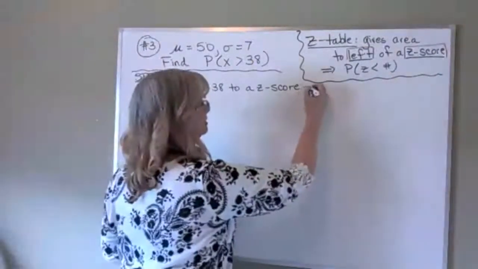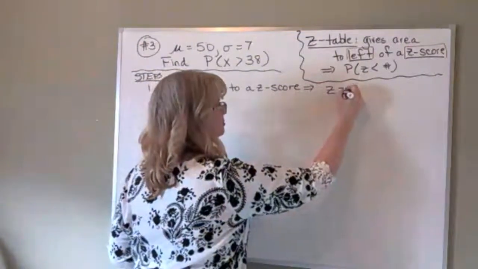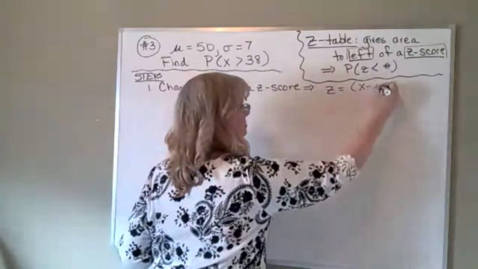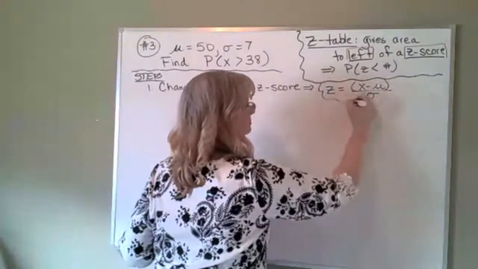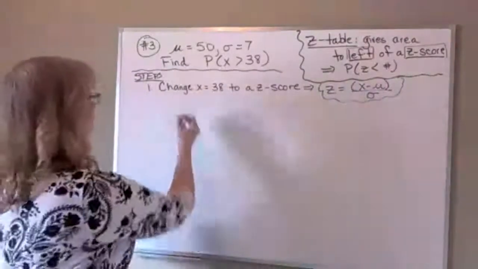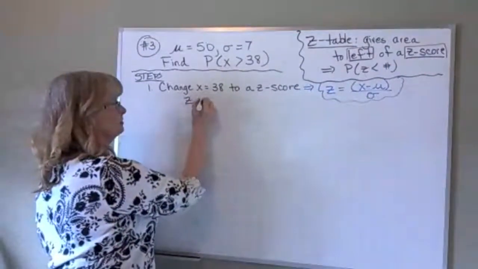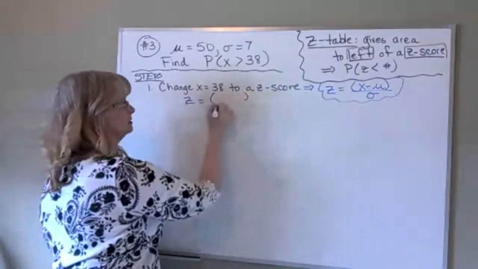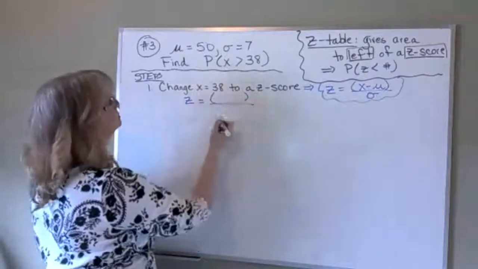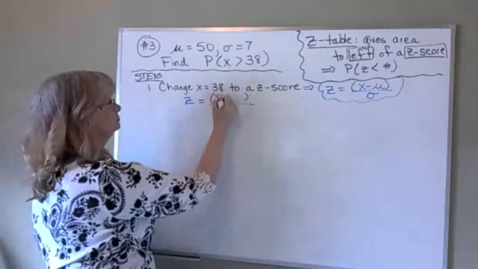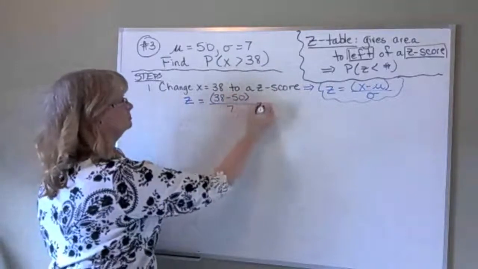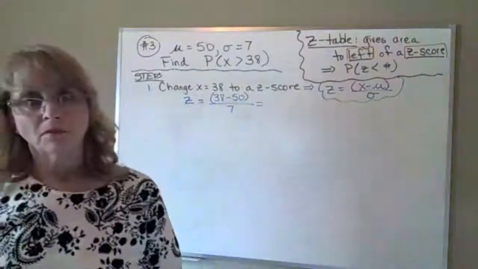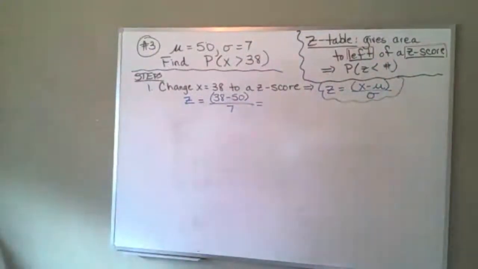Let's not forget that the formula for z-score is x minus mu divided by sigma. So we're going to label that, that's what we're finding. I want to make sure everybody knows how to do step 1.